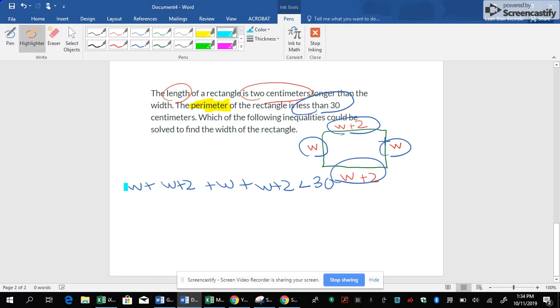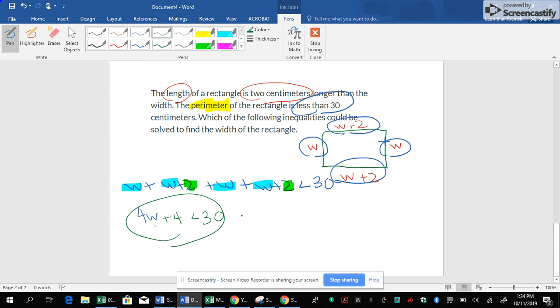See if you have any like terms. I have 1, 2, 3, 4 W's. And then I've got a 2 here and a 2 here. So that is a 4, and it's less than 30. All right, keep going with this. Subtract 4, divide by 4, and you should be done. You're not done here, but I'm going to let you figure the rest out because I think you know how to take it from here.